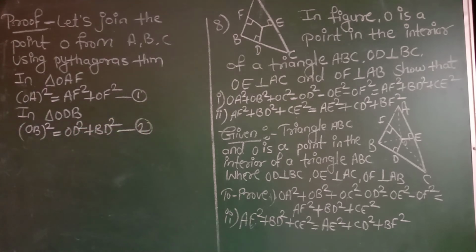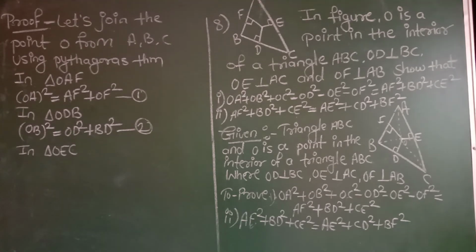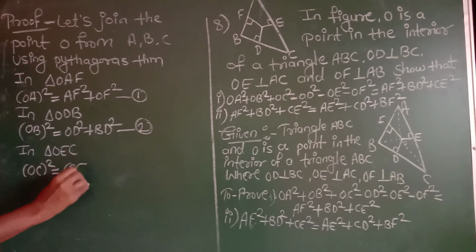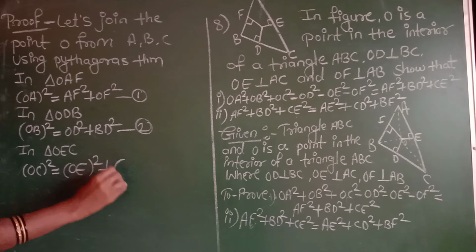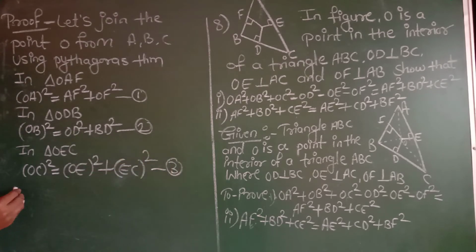Next, in triangle OEC, using the Pythagoras theorem, OC square is equal to OE square plus EC square. This is the third one.